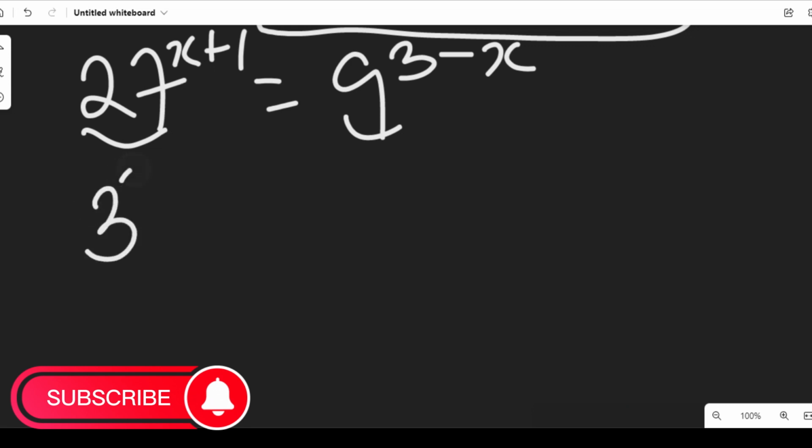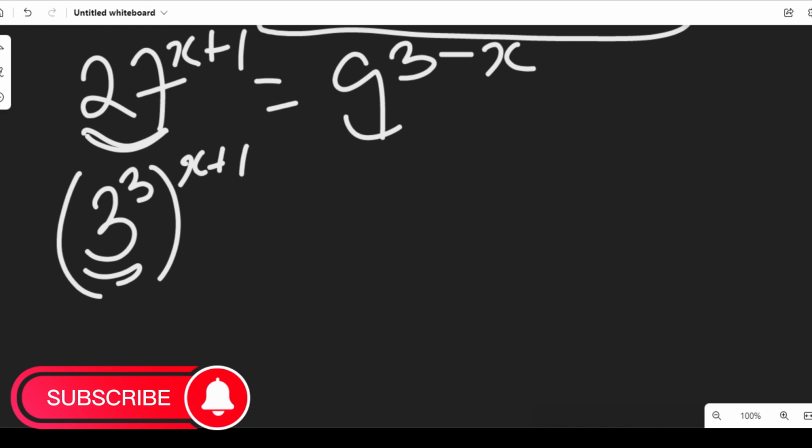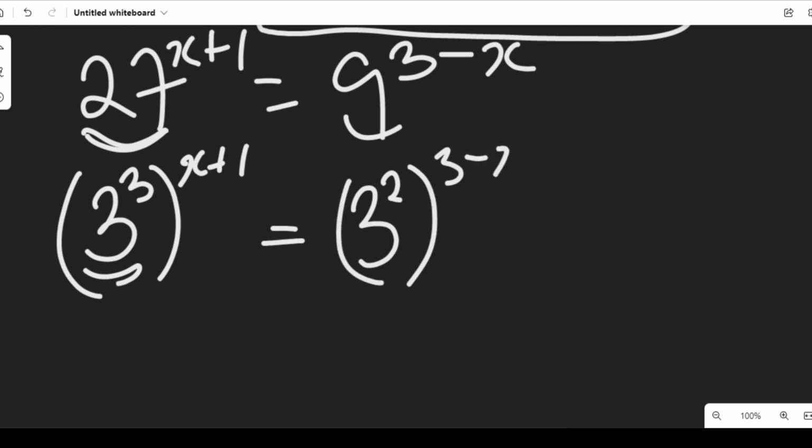This will be 3 raised to power 3 because 3 times 3 times 3 gives us 27, so this gives us x plus 1. As long as we can reduce this value to something like this, we don't need to use the logarithm. So this will give us 3 raised to power 2, and this will give us 3 minus x.